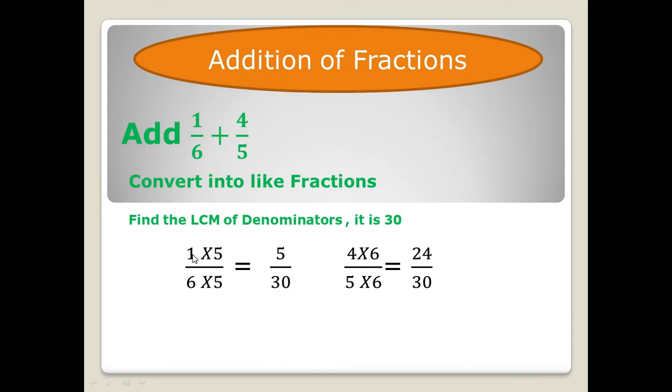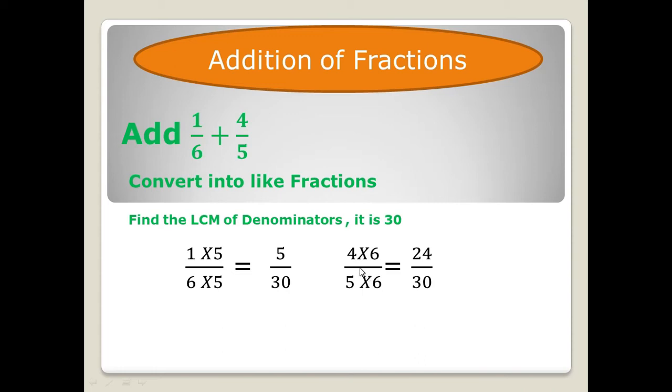Similarly, we will multiply 1 with 5. Why will we multiply 1 with 5? Because we have multiplied the denominator by 5, so we have to multiply the numerator with the same figure, because we are going to change the face of the fraction but the real value will remain the same.